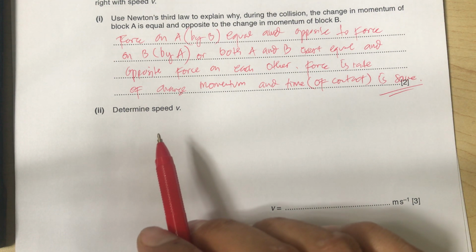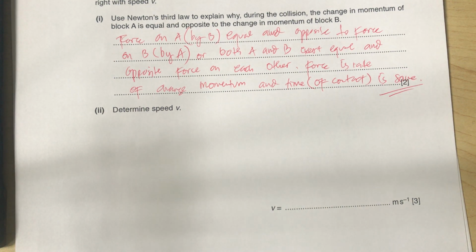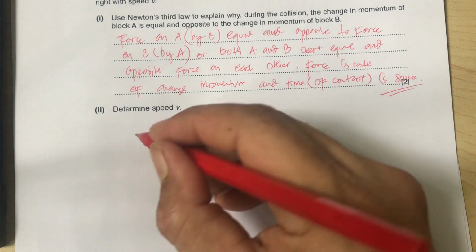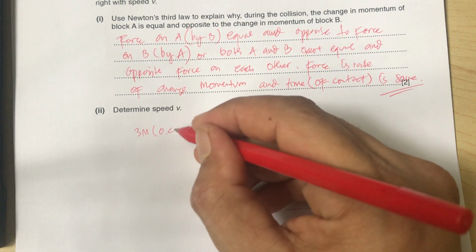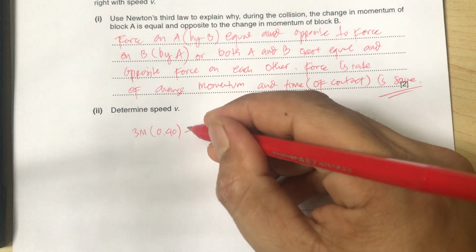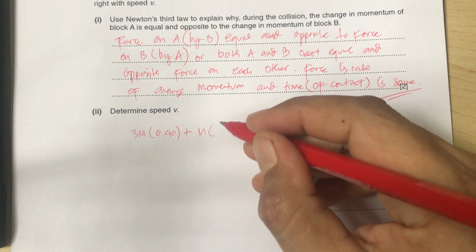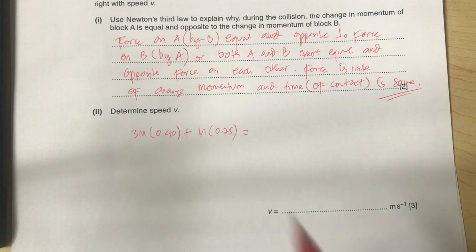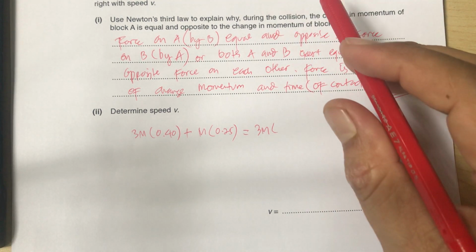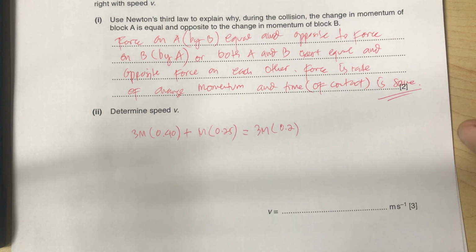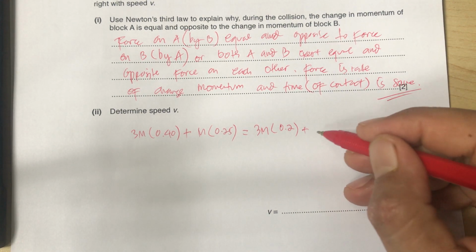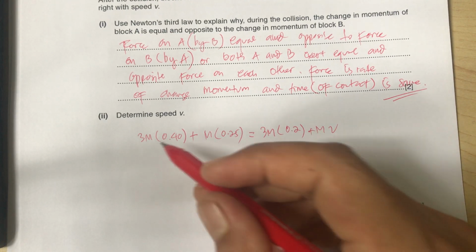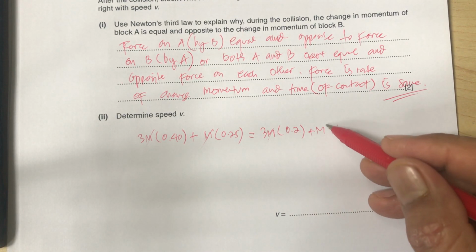This is about conservation of momentum. Momentum is conserved: 3m times 0, plus m times minus 0.25, equals 3m after the collision, which has 0.2 in the positive direction, plus mass m times v. So we can cancel m.